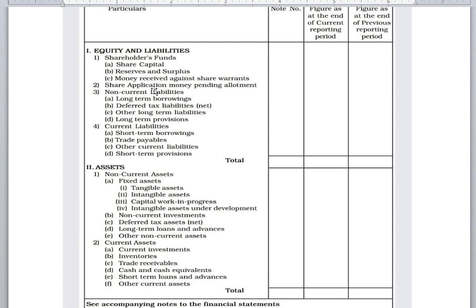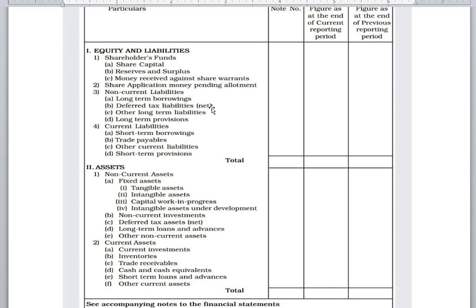Third item is money received against share warrant. So share warrant is a type of right which is given to the shareholders to convert their shares into equity shares or into money.